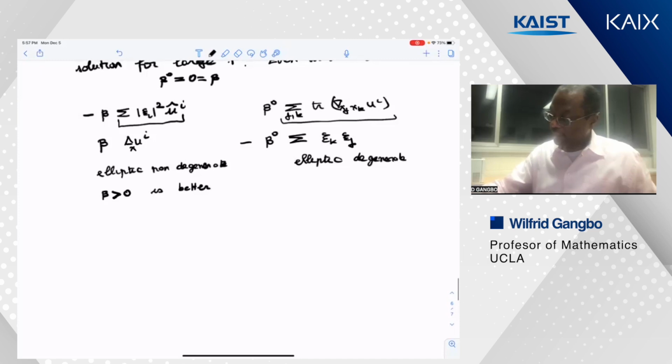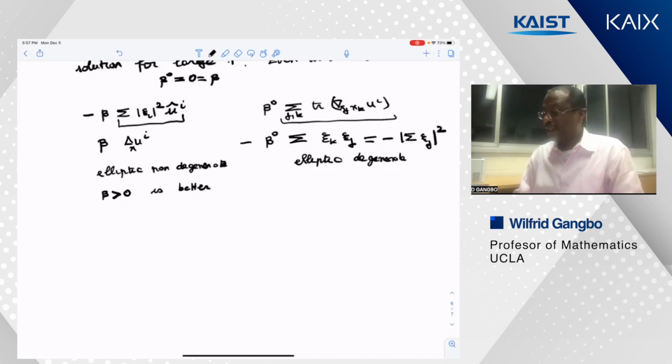So you can check that this is nothing but negative the sum of psi_j squared. And you can see that the fact that this expression vanishes does not imply that all the psi_j vanish.